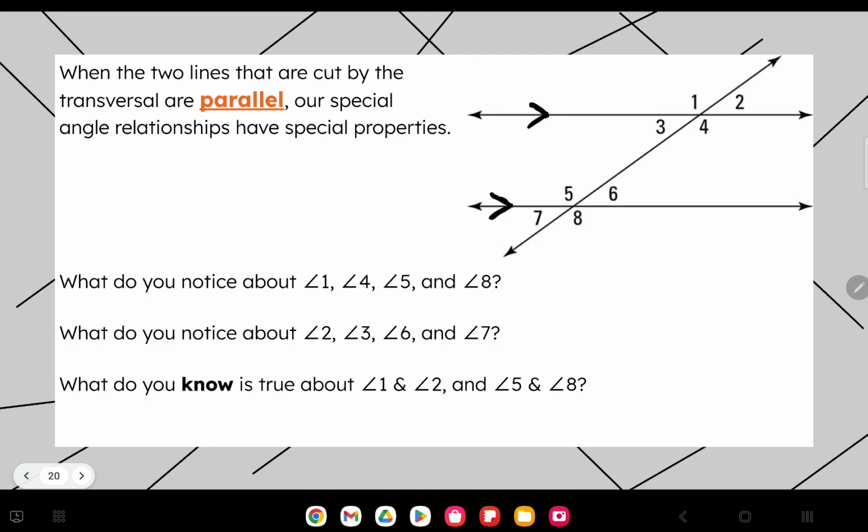I know we always say, never trust the picture. In this case, I'm telling you it's okay to make assumptions based on the picture. So what do you notice about angle 1, angle 4, angle 5, and angle 8?